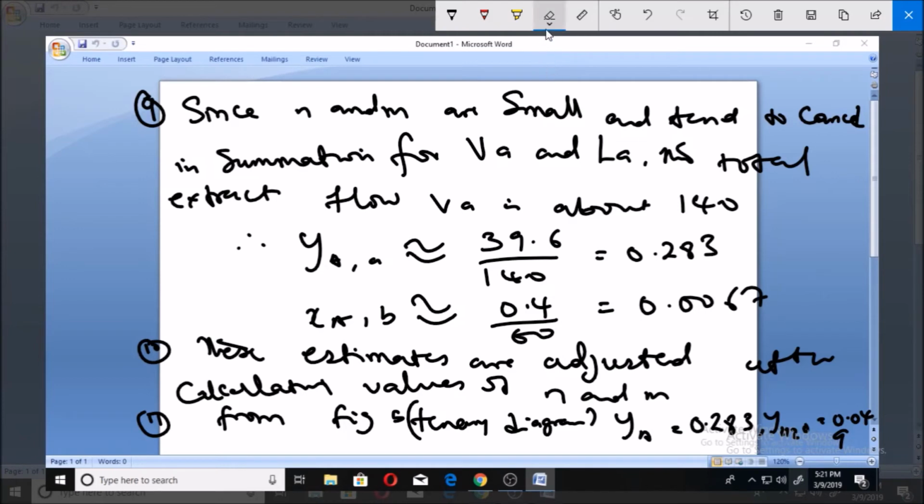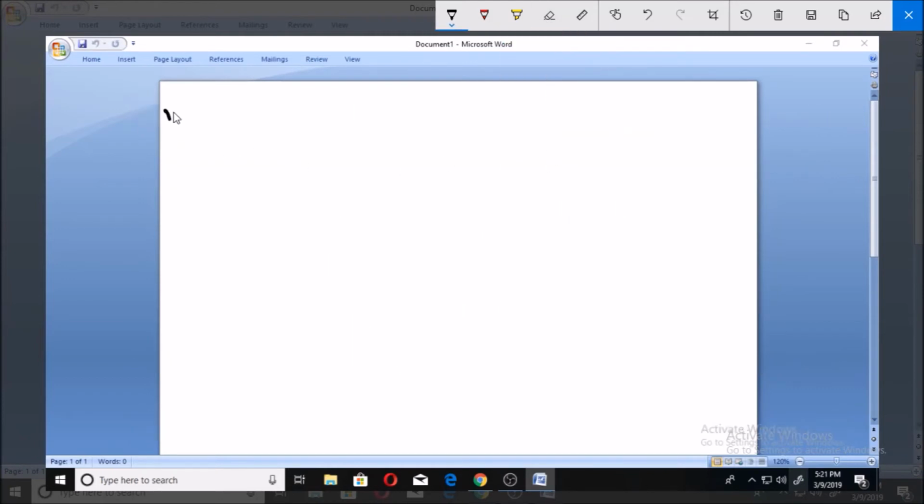So with that said, we can now get to the 11th thing, which is using mass ratio of H2O.